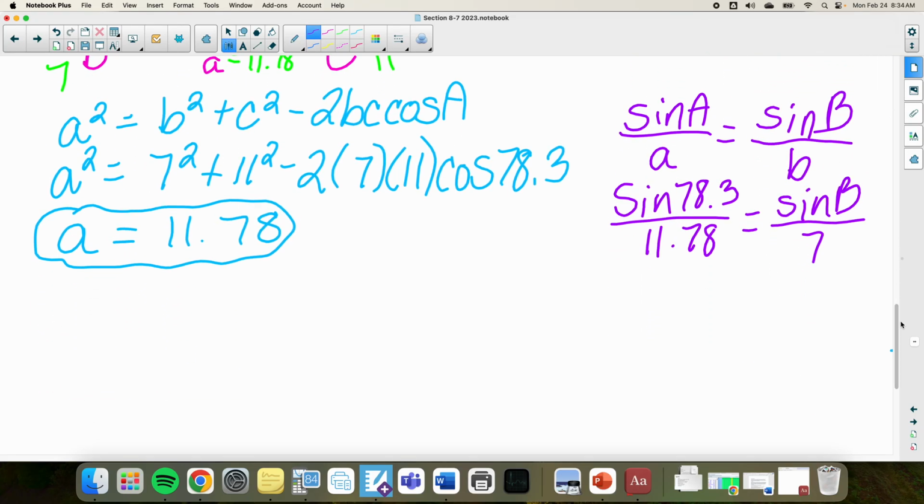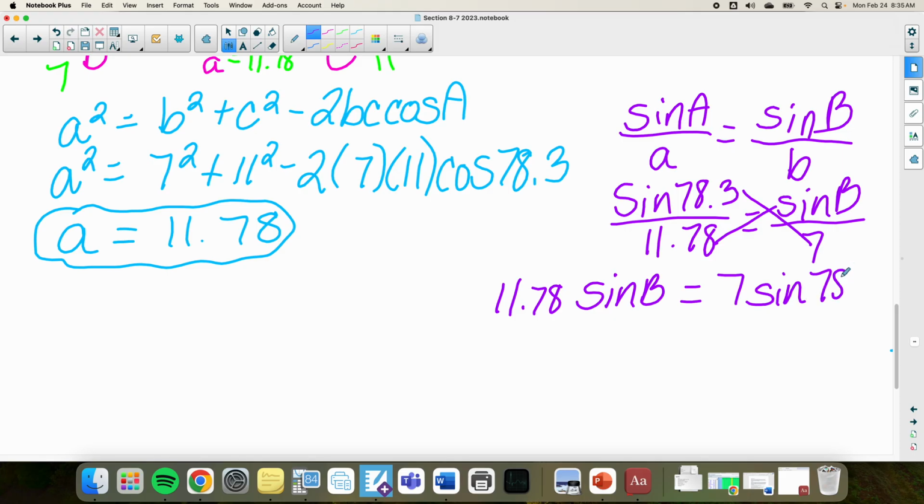So now I do cross products, and personally I like the one with the sine of B to be on the left, and you would put the 11.78 in front. And then here also put the number in front of sine 78.3. Now this is 11.78 times that, so I'm going to divide by 11.78.